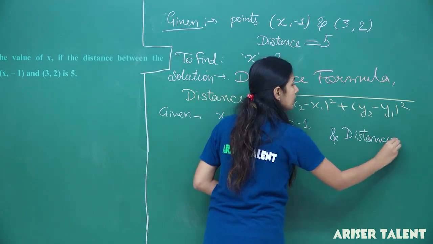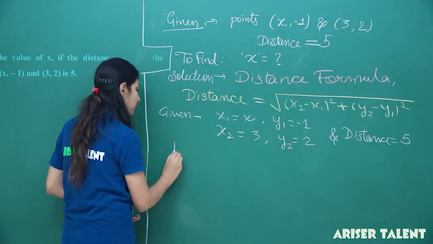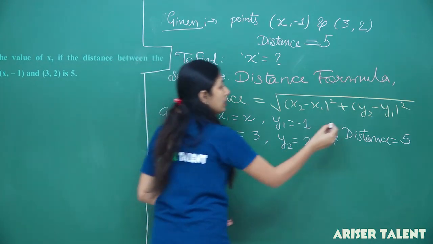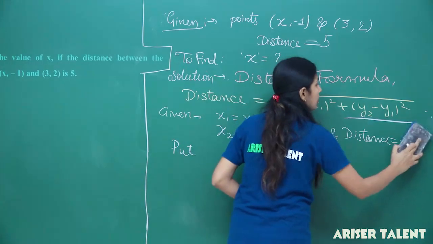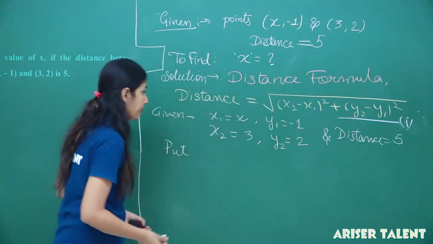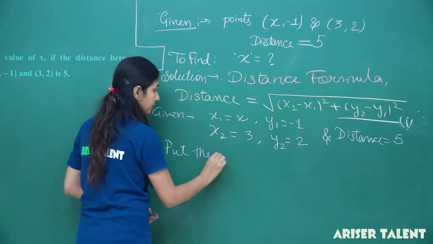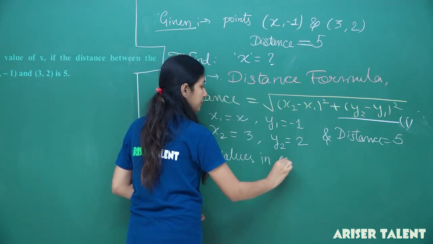What is the distance? 5. Here the distance is given as 5. Put the values in equation number 1. I'll write it right there. So, put the values in equation 1.